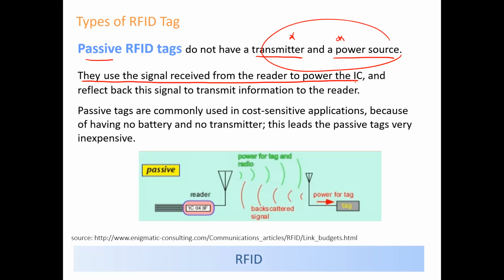Okay, they, meaning the tag, use the signal received from the reader. The reader will have power propagating along, and as the tag moves close to the reader, it will wake up, and then it will send the ID back. When it wakes up, it sends the ID back to the reader.